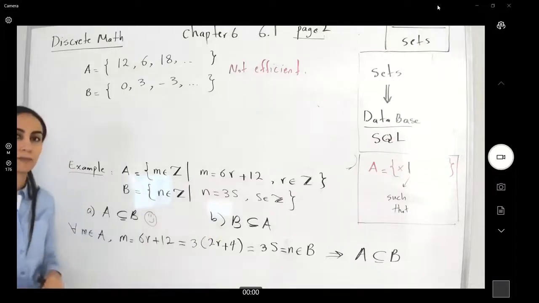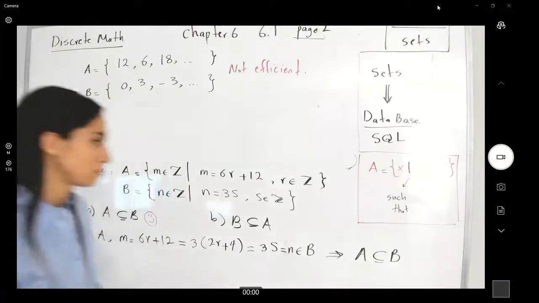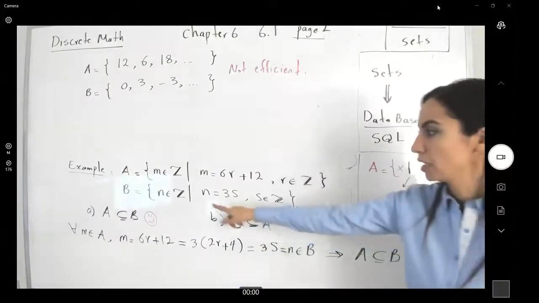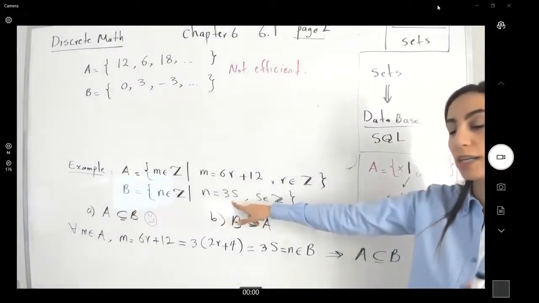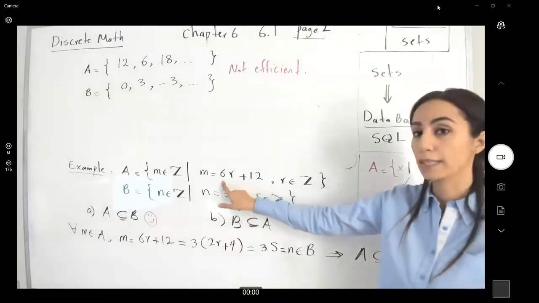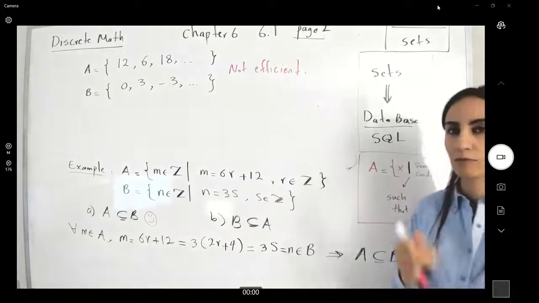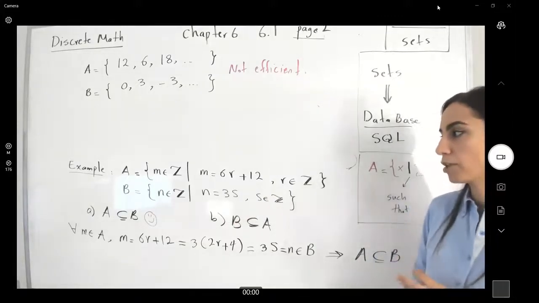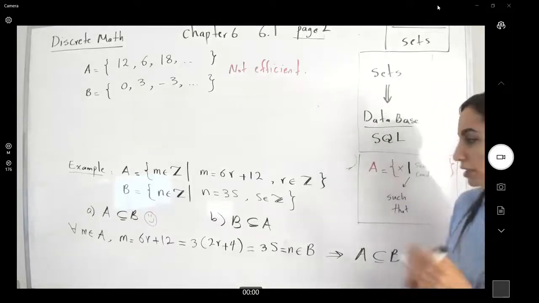But what about this guy? Can I show that B is a subset of A? It means that if I take a random element here, 3s, I should be able to write it down in this form, 6r plus 12. Okay, I'm going to give you a counter example here.